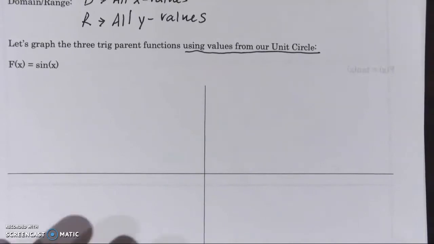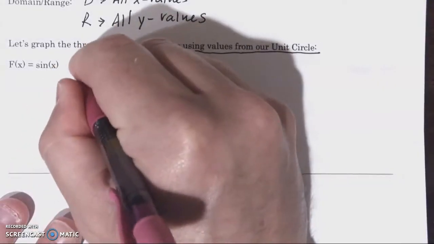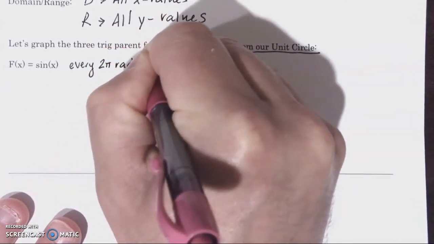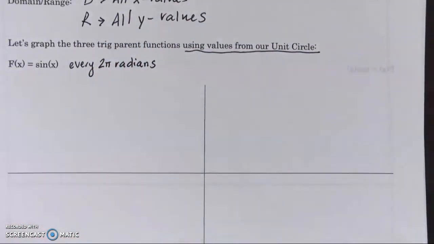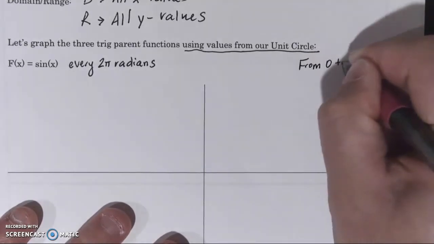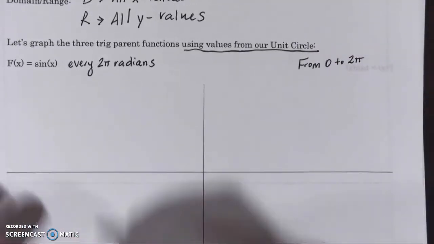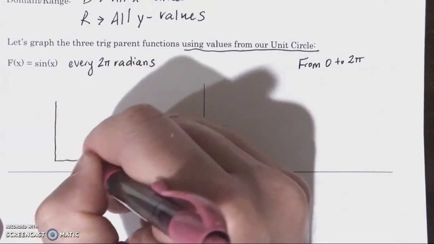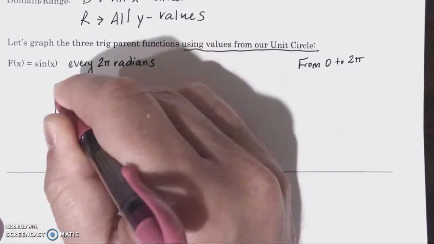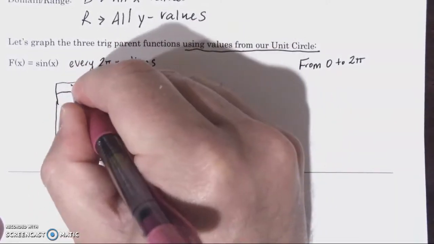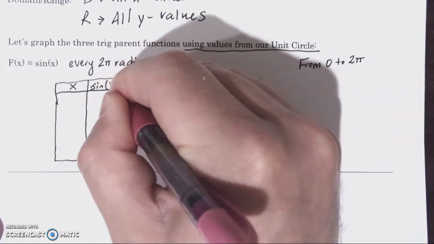And you would see that sine repeats itself every 2 pi radians. For that reason, our parent function, we're going to graph one cycle. So we're going to graph from 0 to 2 pi. And we're going to create our table down over here. We're not really going to use this side of the graph. This will be our x, this will be our sine of x.